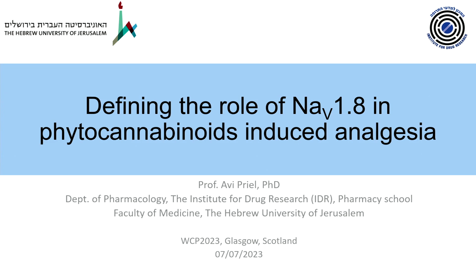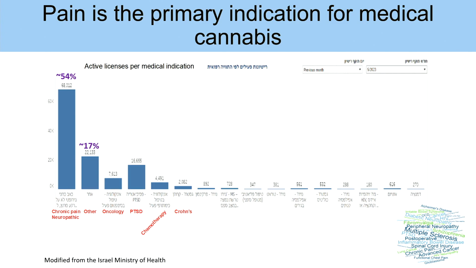Thank you very much for coming this morning. As you probably know, medical cannabis is mainly prescribed to treat chronic pain. Here you can see an example from 2 months ago.